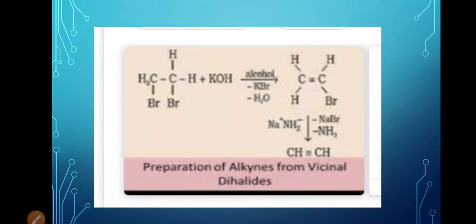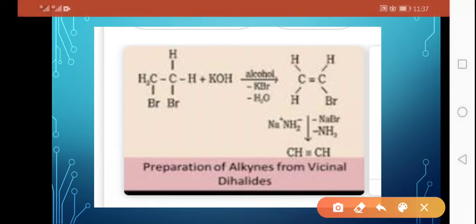Here is the equation showing the preparation of alkynes from vicinal dihalides. Students, you can see from this equation that these are the conditions. This is the vicinal dihalide in which the two bromine atoms are present on two adjacent carbon atoms, in the presence of potassium hydroxide, that means alcoholic conditions are necessary.